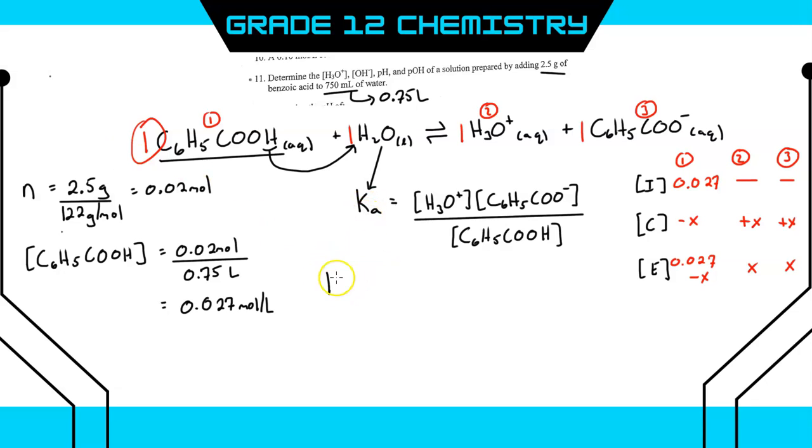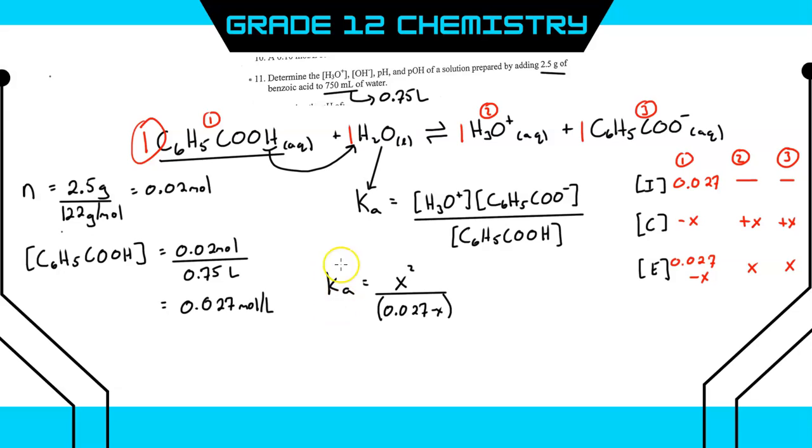So we can throw those into our equation here. So we've got Ka. It's going to equal X times X, so we're going to have X squared on the numerator, and in the denominator, we're going to have 0.027 minus X. Now, the Ka value, we can look up on a table. You can Google it.